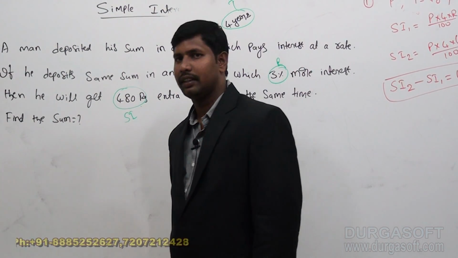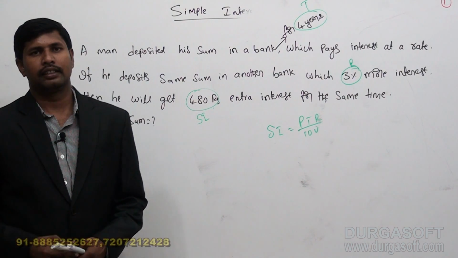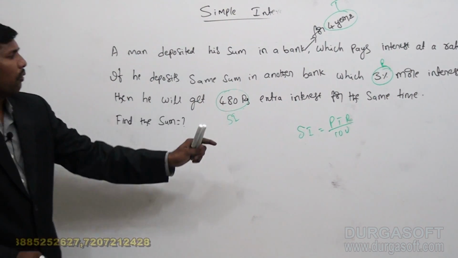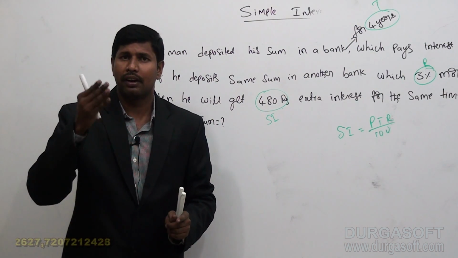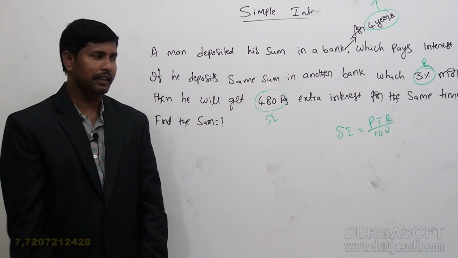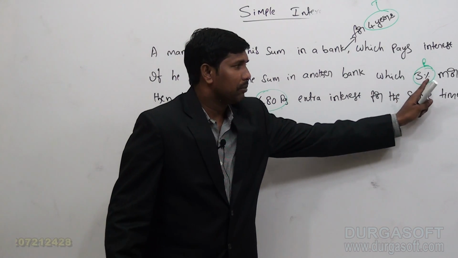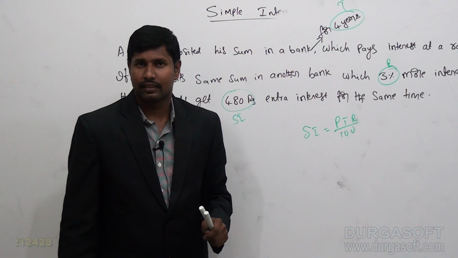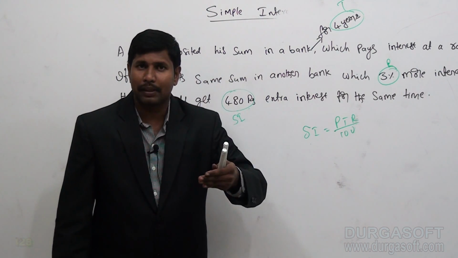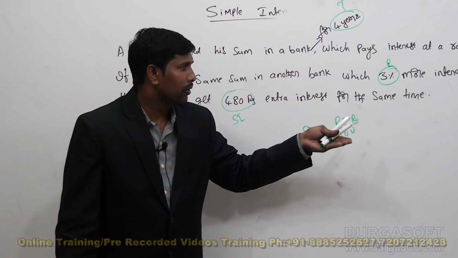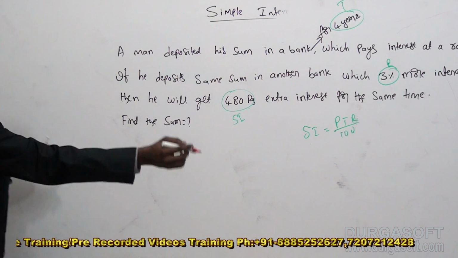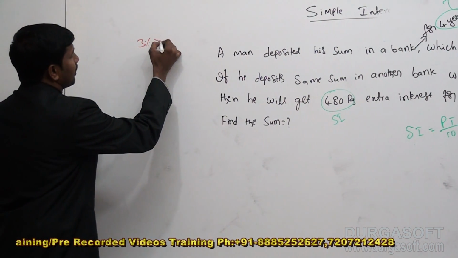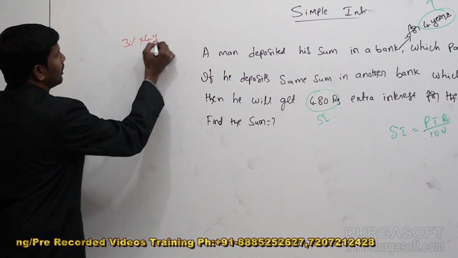And the other way, which is simple here, is: why are you getting 480 rupees extra interest? Because we are calculating 3% more than the previous case. So we are calculating 3% more for what time? For 4 years. So 3% for 1 year and we are calculating for 4 years.